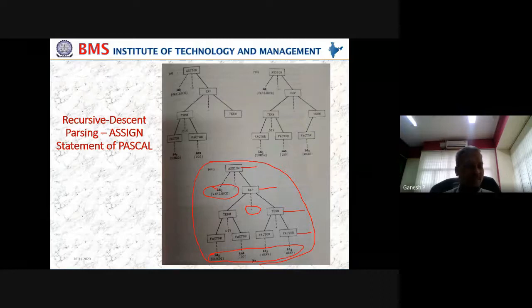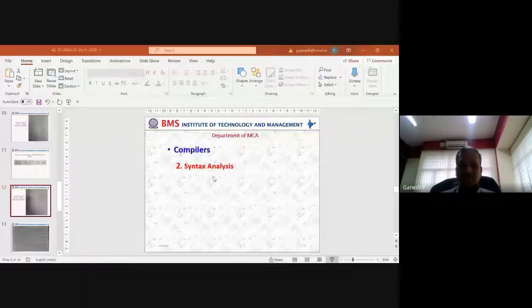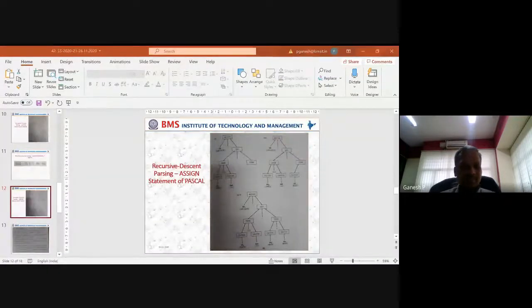Any doubts till this? Probably we can check, or else we'll go to the next topic. Let me know if you have any doubts. Meanwhile, let me check what was asked in the question papers earlier. If anything related to this is there, we can figure it out here itself.